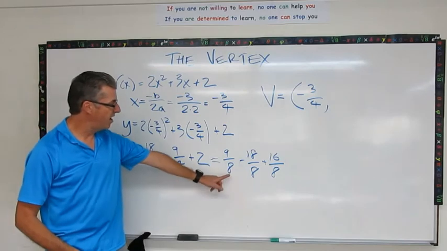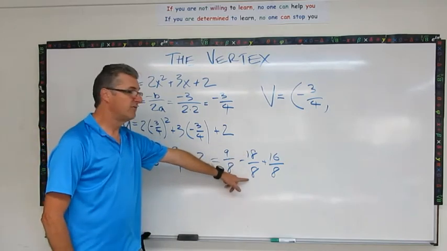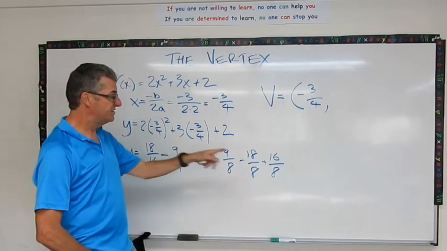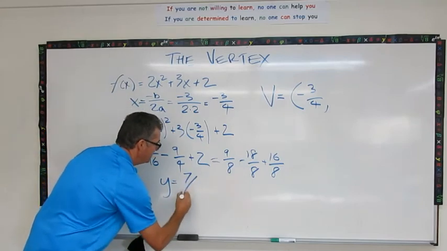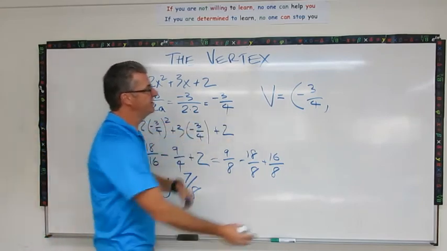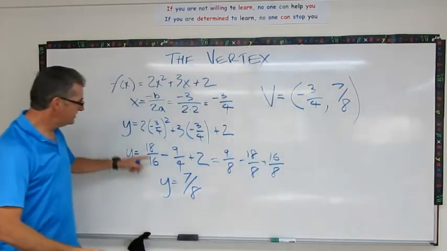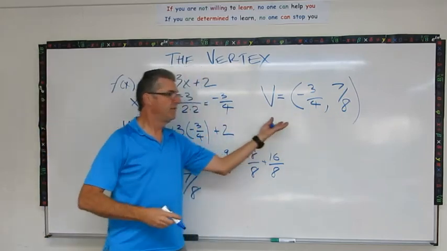Okay, let's combine our fractions. So I have 9/8 minus 18/8. That gives me negative 9/8. Now when I add 16/8, I'm going to end up with y equals 7/8. So now I can put this up here in my vertex. So even though this got kind of ugly along the way, we ended up with a pretty reasonable fraction. There's my vertex.